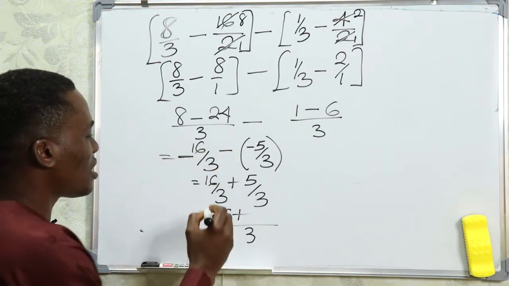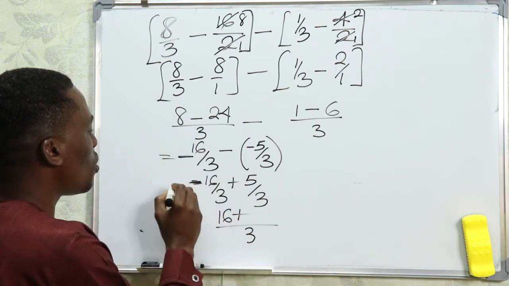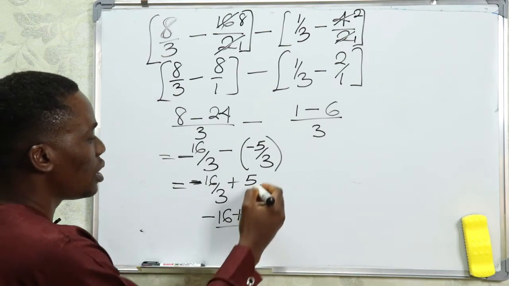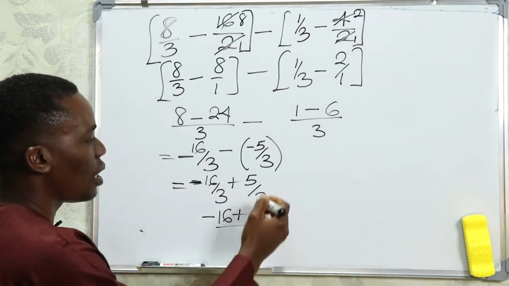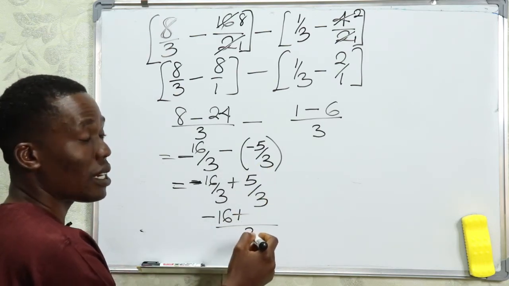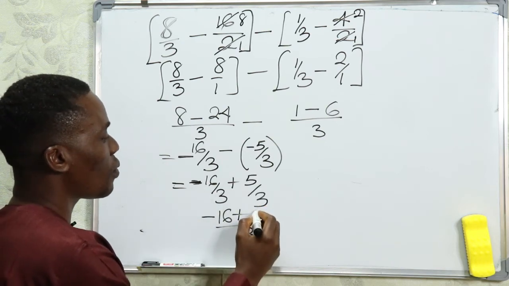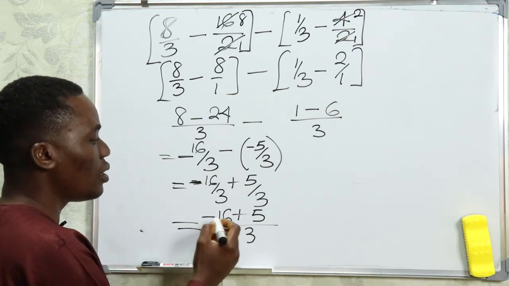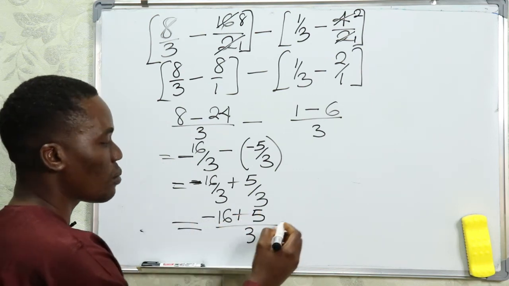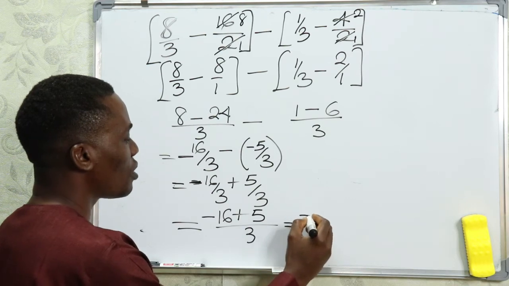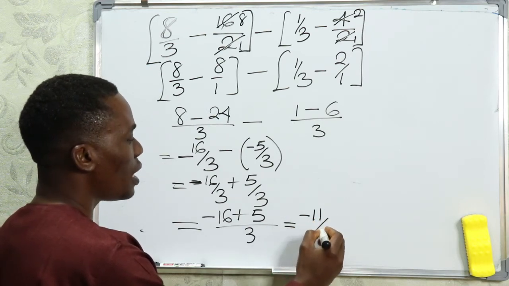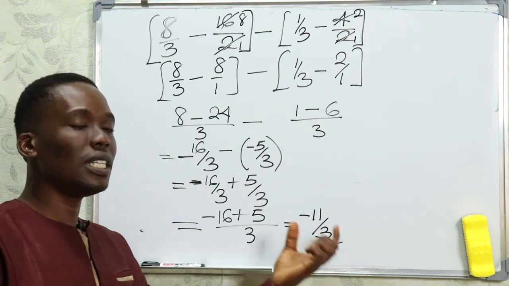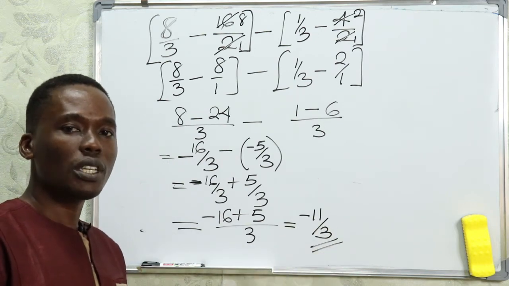So minus 16, this will go with minus, and this will continue here, minus 16 plus, 3 divided by 3 will give us 1, 1 times 5 will give us 5. So in general, minus 16 plus 5 will give us minus 11 divided by 3. So this is the solution to that integral question that was given to us.